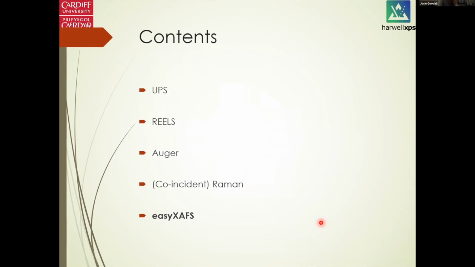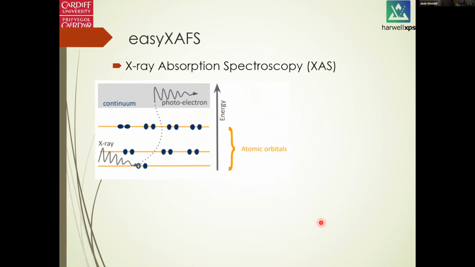Last one but not least, let's move on to the EasyXAFS. So this is a lab-based X-ray absorption spectroscopy, and the theory is that the energy is tuned to just below a binding energy of the particular electron shell.